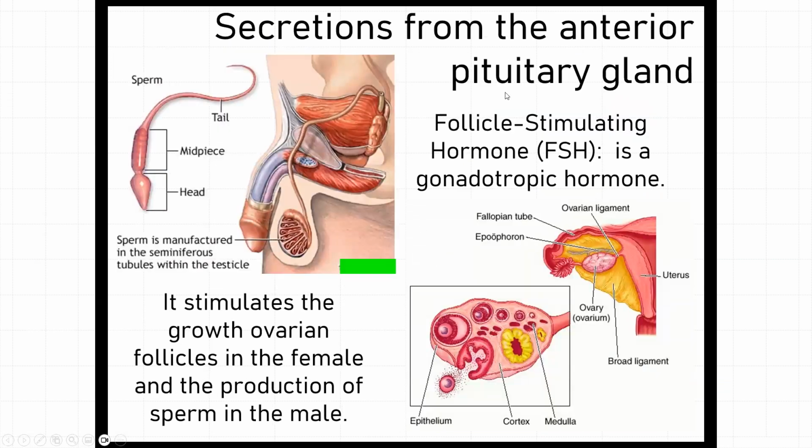Another hormone is follicle stimulating hormone, which is a gonadotrophic hormone. It stimulates the growth of ovarian follicles in females and the production of sperm in males.